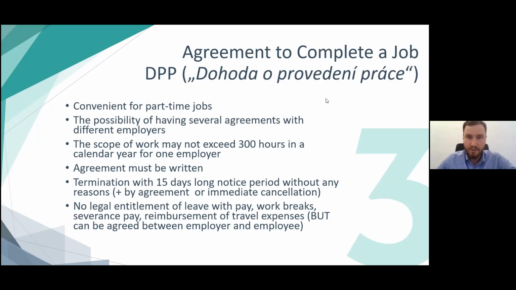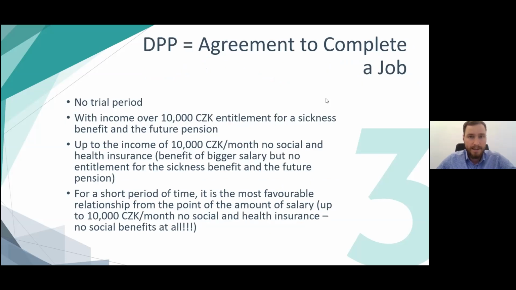That is why it was so hard during the past crisis for most of the workers working off agreement to complete a job, so they didn't have any compensation from either the state or the employer. There's no trial period in the agreement to complete a job, and there's another limitation, and it's 10,000 Czech crowns.